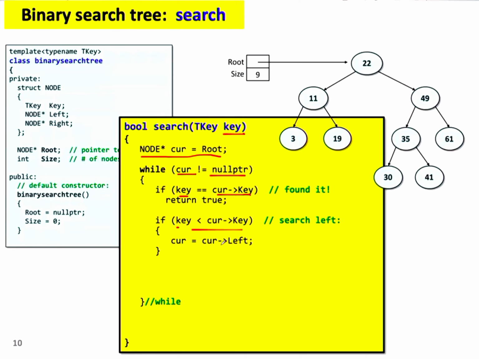And if it's greater, you're updating current to point to the right pointer. So you've got the tree implemented, and you're just moving the pointers to traverse through the tree. And if you hit a null pointer, like in the search example that we saw, you hit null and you didn't find that certain element, you just return false.